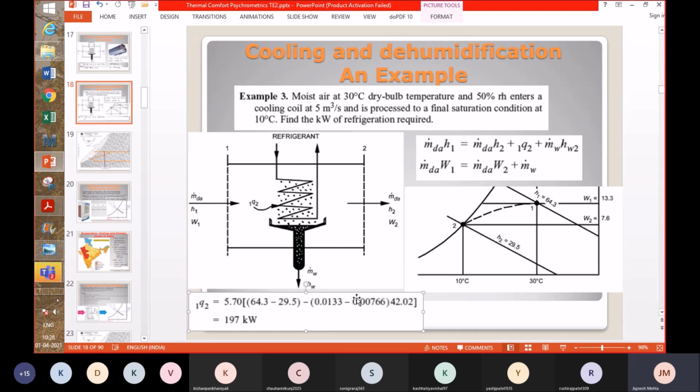Now the second term is this m dot W into hW2, right? So this is nothing but delta W. How do you get m dot W? You get it from the second equation, right? m dot W is nothing but m dot dA into W1 minus W2. You already know W1, W2 and m dot dA. So you should be able to get m dot W, right?